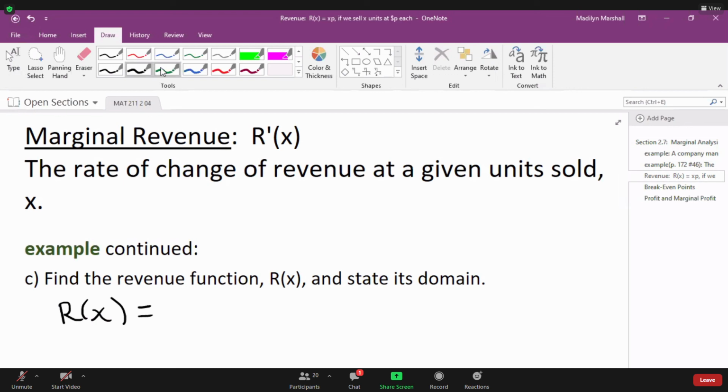A key part of this question is the X. Revenue should be a function of X, which means X is the only variable in this function.